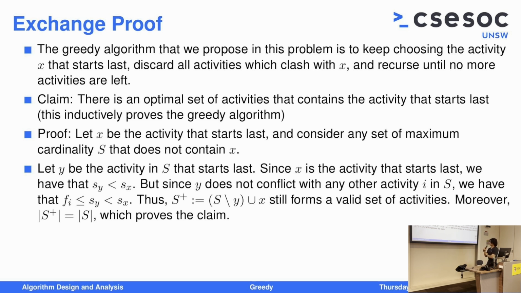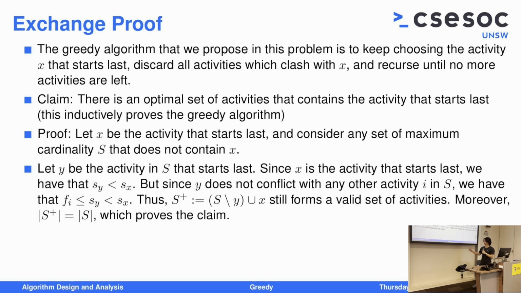Thus, we call S plus the set S without Y but with X, so S minus Y, union X. This still forms a valid set of activities. Moreover, the size of S plus and the size of S are exactly the same, because all we've done is remove one activity and add another activity back in. This is all we need.